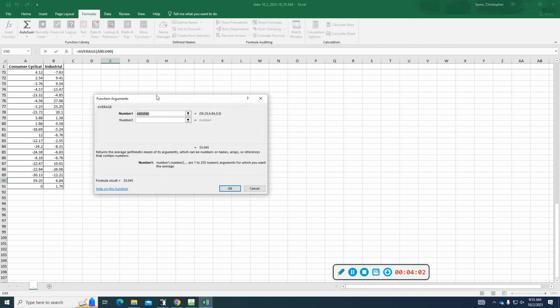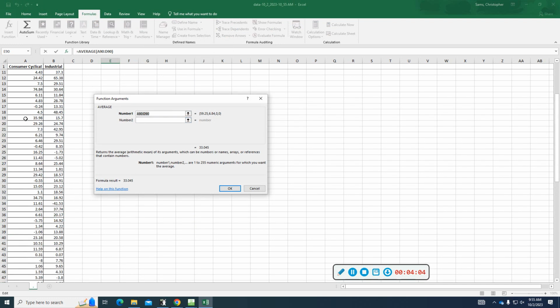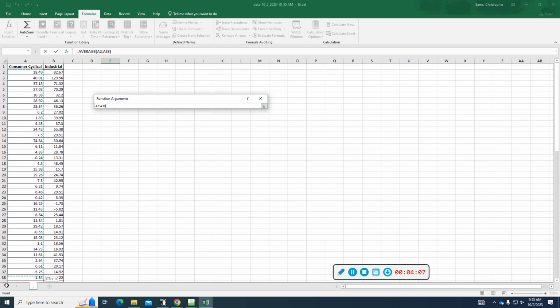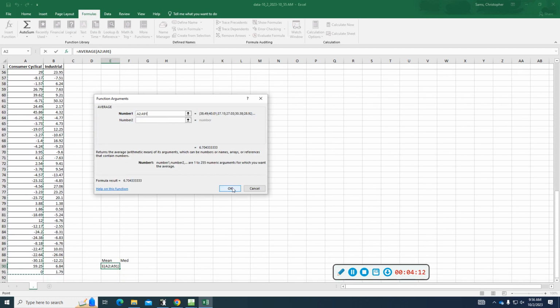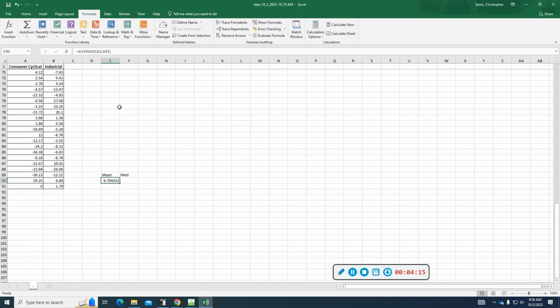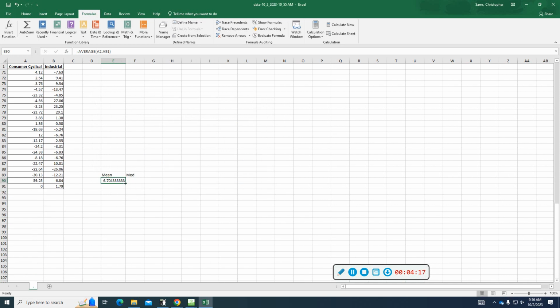We're going to find the average. Starting here, we're going to drag it all the way down. All right, so it gives me that average. And I can just click the corner box and drag it across. This will give me the average of that column. So let's say mean, and this will be mean of cyclical.